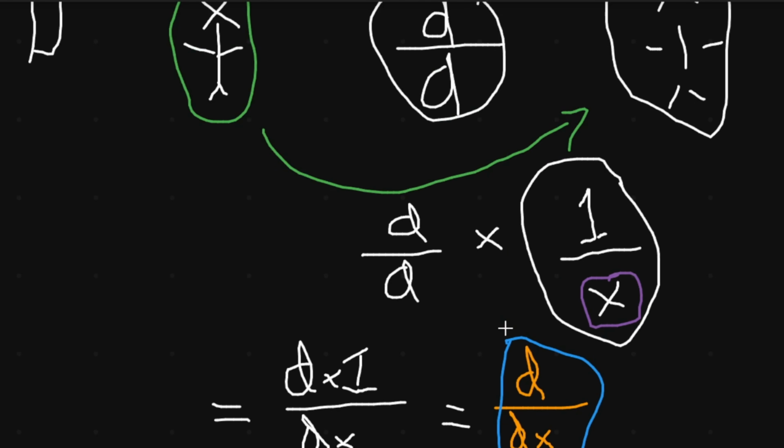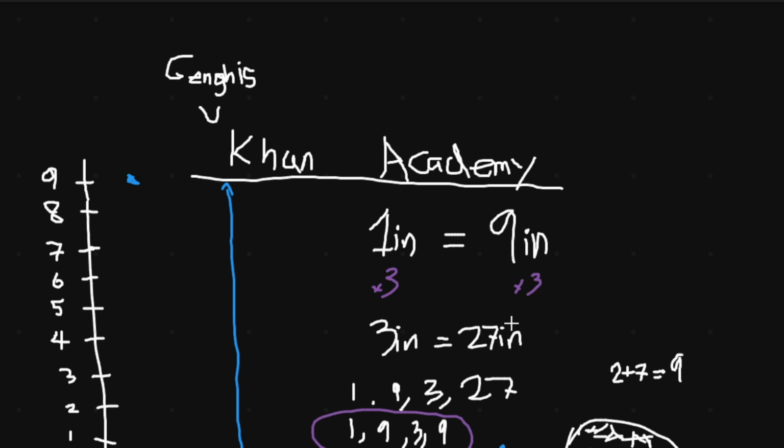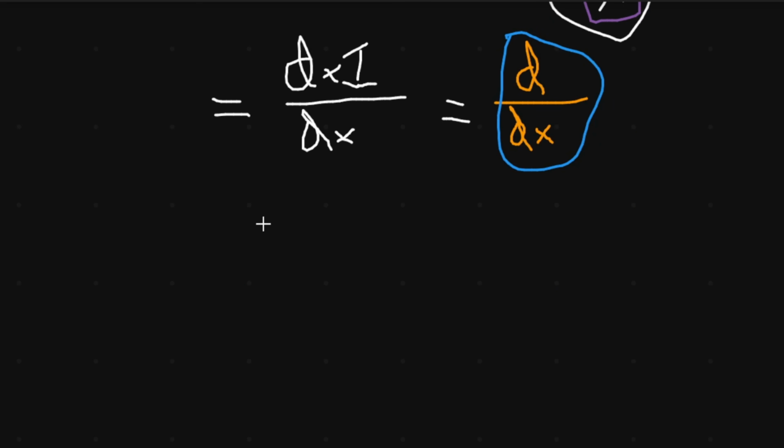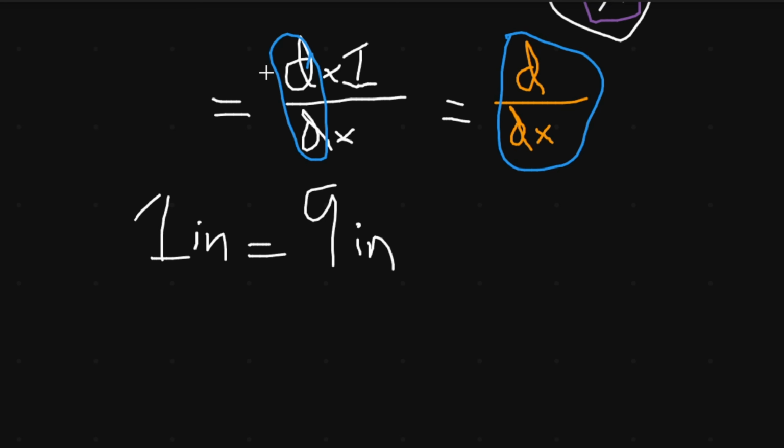So now we can see that throughout this whole entire equation, we did want to take the derivative of both the 1 inch and the 9 inches. So if we bring our original question down, and 1 inch equals 9 inches, as we can see, full circle story, we would take the derivative of both sides. As in mathematics, if you take the same calculations on both sides of an equation, it should equal the exact same.